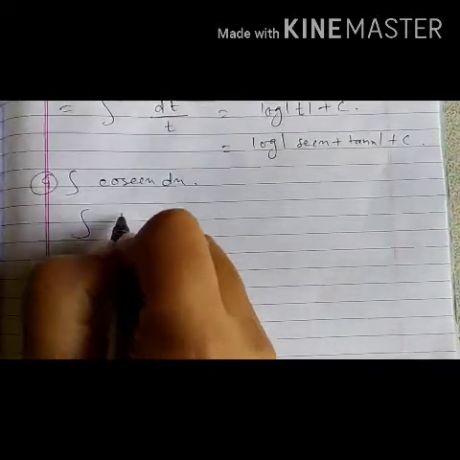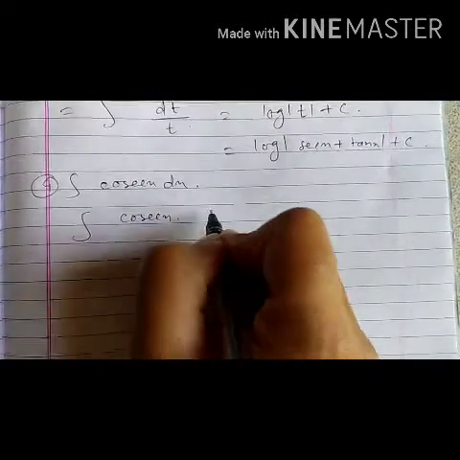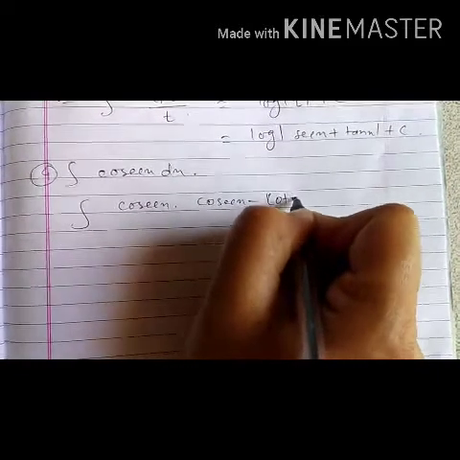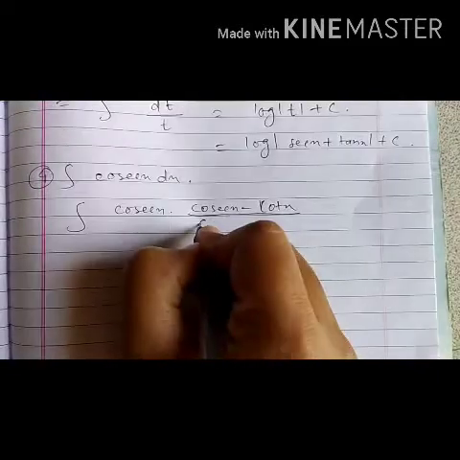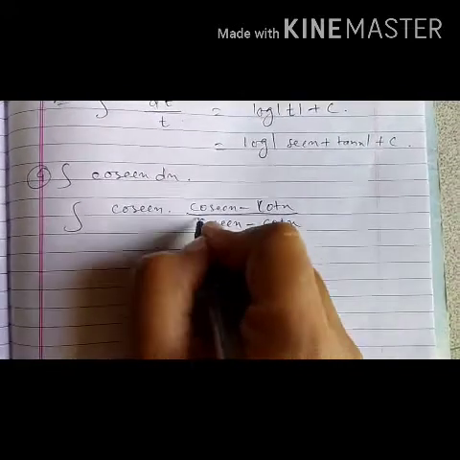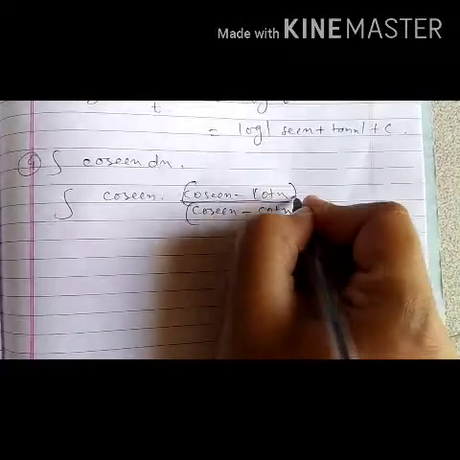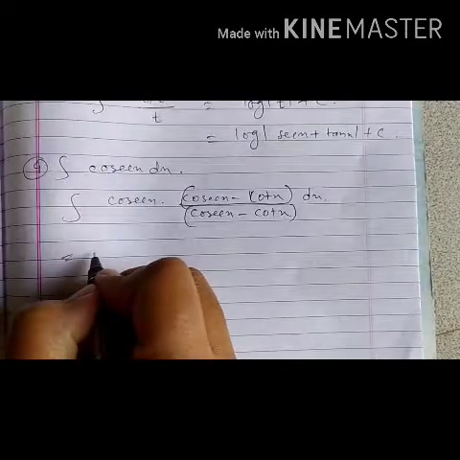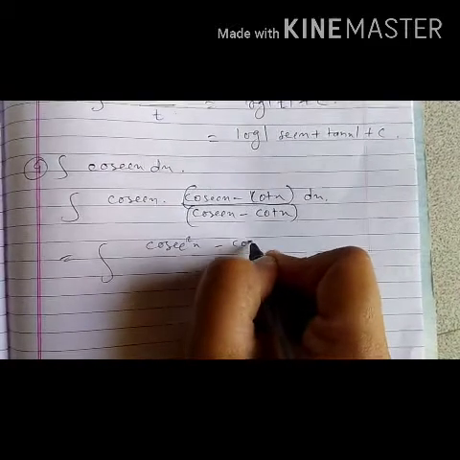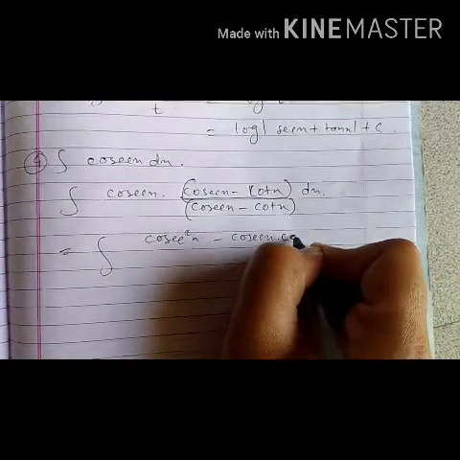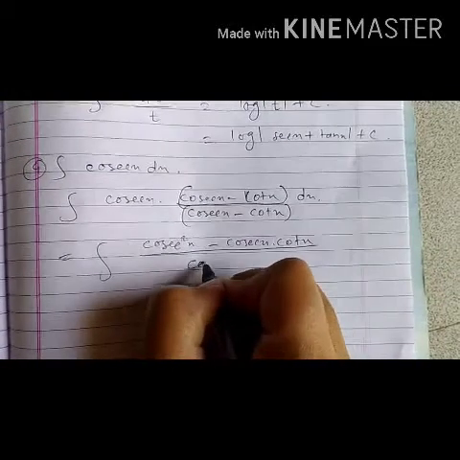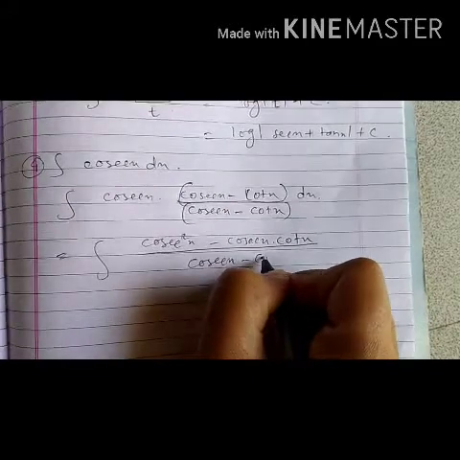So it will be integration of cosec x into cosec x minus cot x, whole thing divided by cosec x minus cot x. So it will be balanced after multiplying and dividing. Now we'll multiply inside, it will be cosec square x minus cosec x into cot x, whole thing divided by cosec x minus cot x.